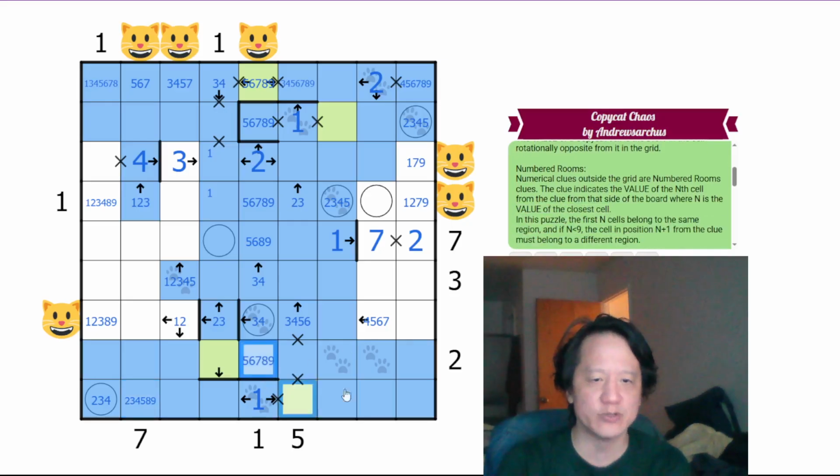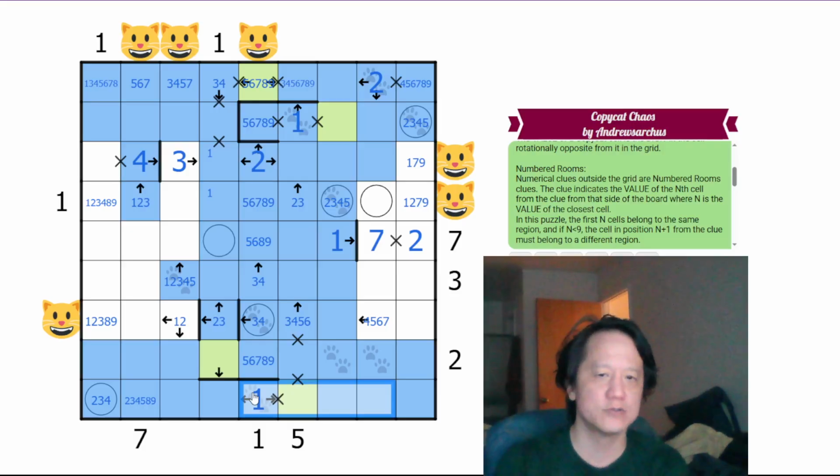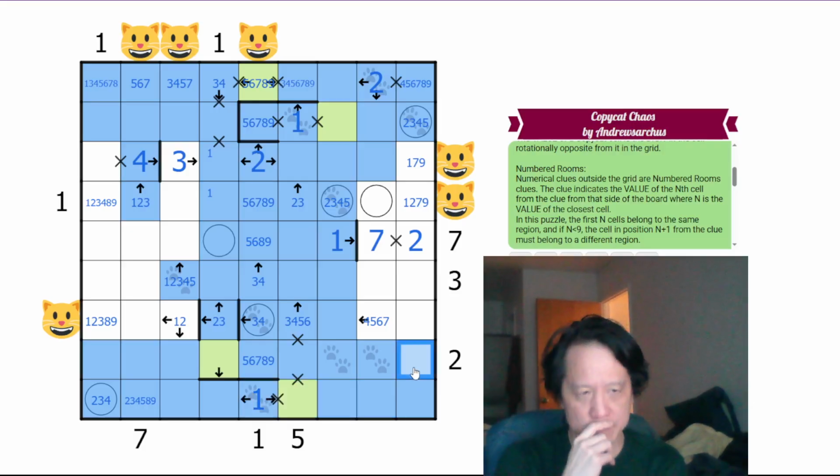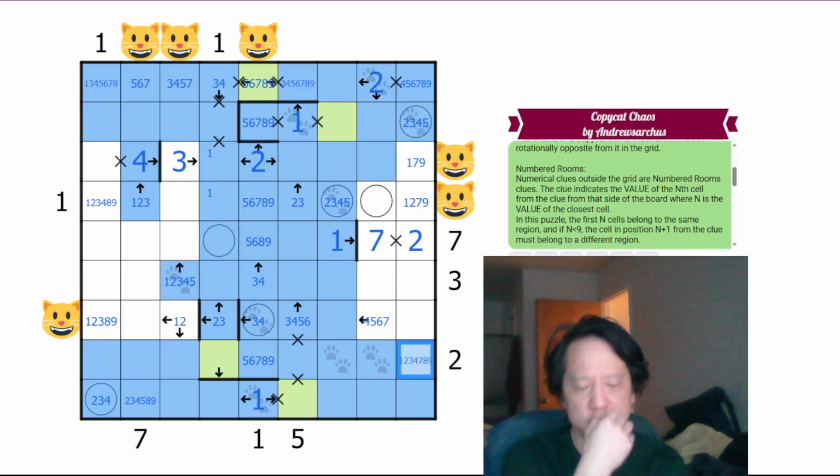So it's kind of similar to a constraint that you normally have in numbered rooms clues. This is a value of 1, so it cannot be 6. Cannot be 5. So we have 1, 2, 3, 4, 7, 8, and 9 as possibilities. Technically.